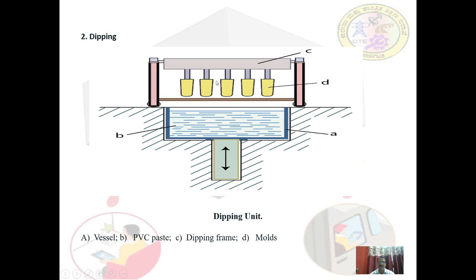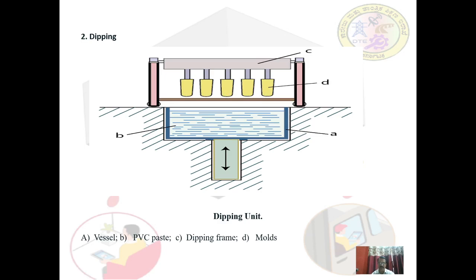The molds are dipped into this, so that a thin film of the PVC paste adheres to them. It is then taken out and cooled to a temperature of 50 degrees Celsius, so that we can remove the molding from the mold.